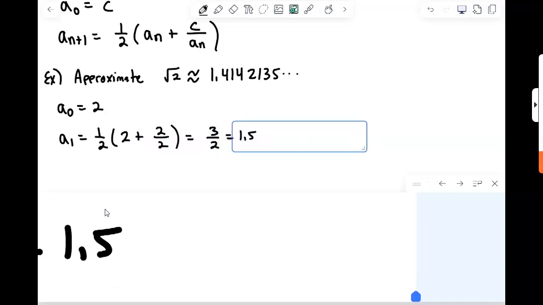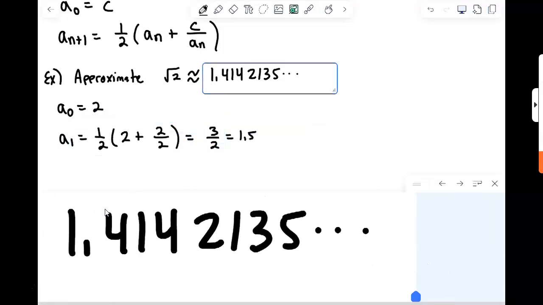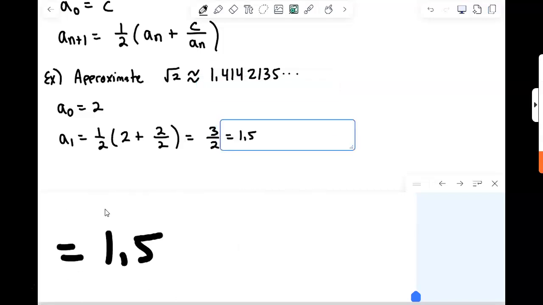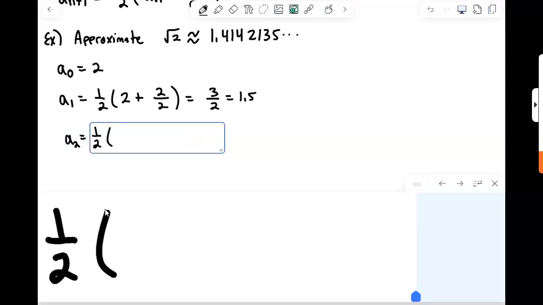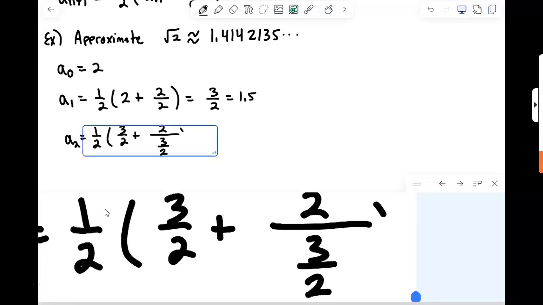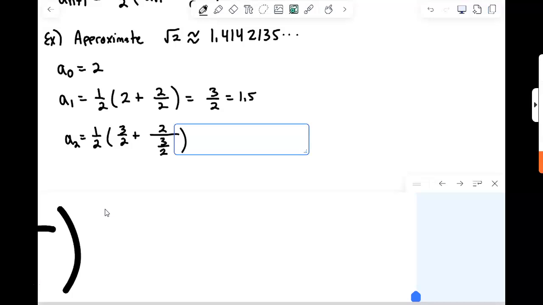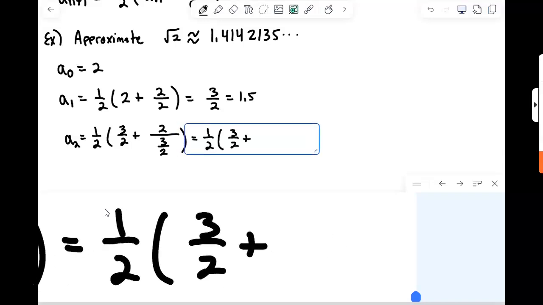So after one generation of our recurrence relation, we've gotten closer than we were previously. And we repeat this process. A sub 2 would be 1/2 of A1, which is 3 halves, plus 2 divided by 3 halves. It turns out 2 divided by 3 halves is 4/3.